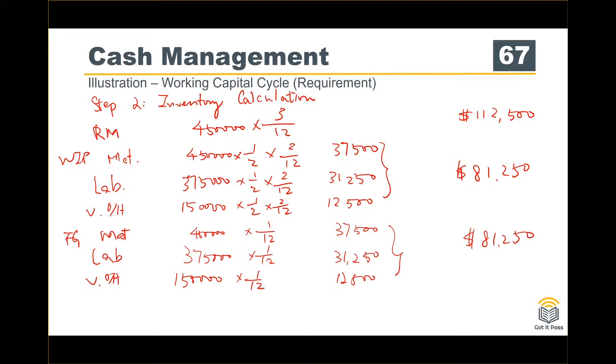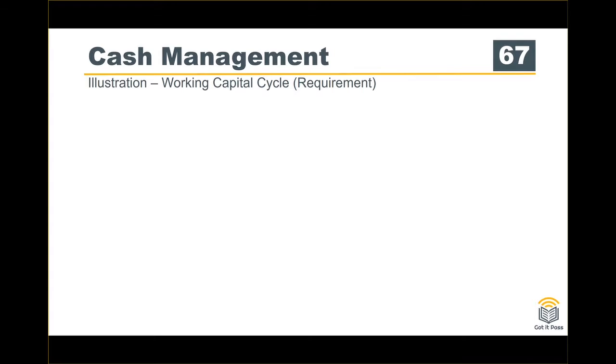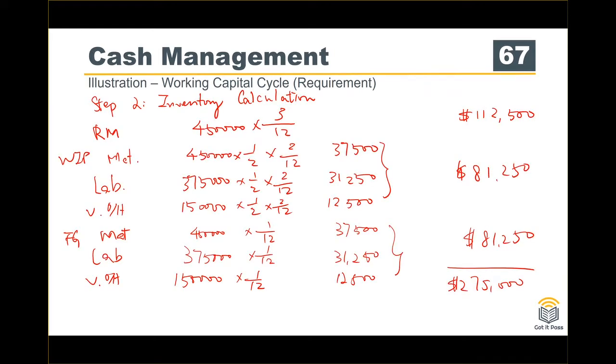Okay, so we got the inventory calculation for all inventory here, including raw materials, WIP, and finished goods. How much is it? So the total is $275,000. $275,000 for the inventory. And we have the inventory, we have the receivables.